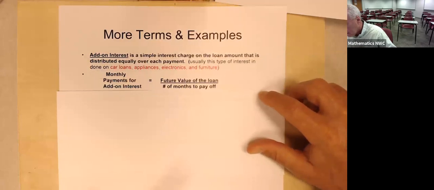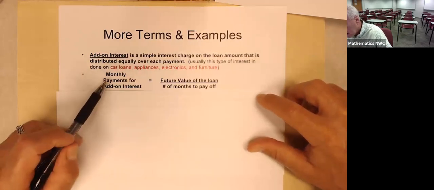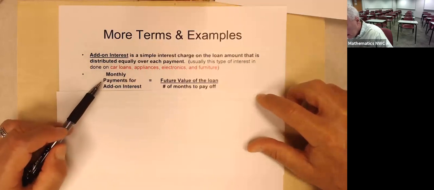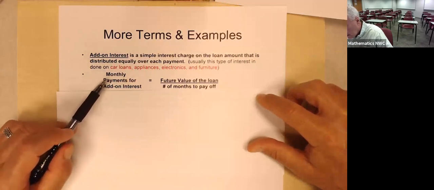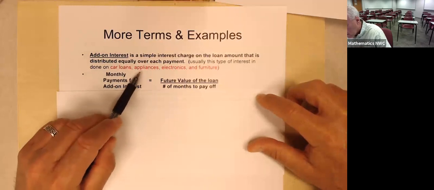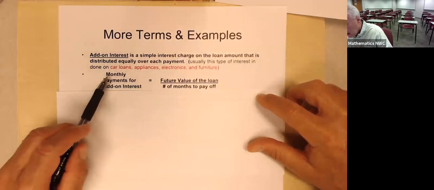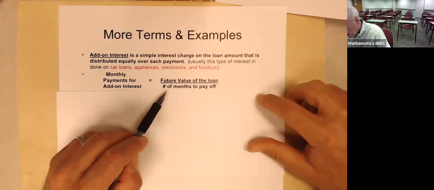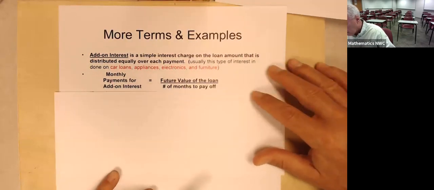What does that mean? It means that my monthly payment, and you should copy this formula down, the monthly payment for add-on interest, that would be your monthly payment for your car loan or for your appliance or electronics, is the future value of the loan divided by the number of months.